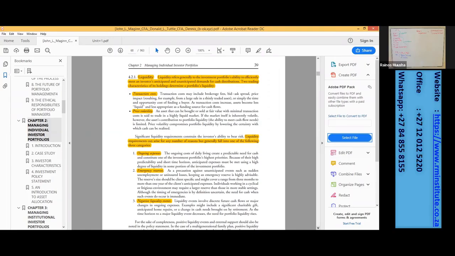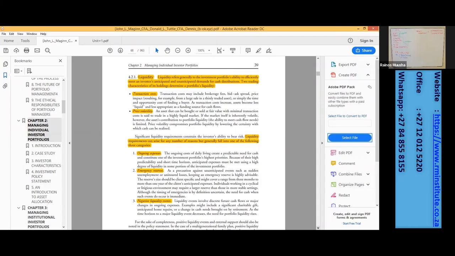And at the same time, the lesser the emergency reserve you have, the lesser the liquidity your portfolio is going to be.